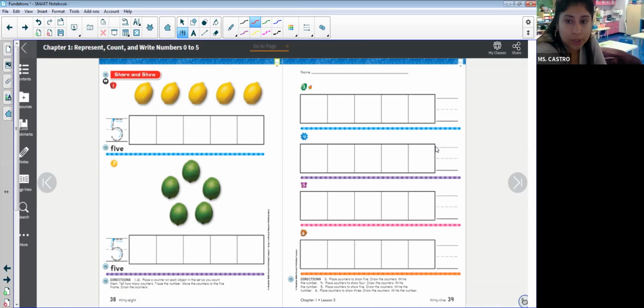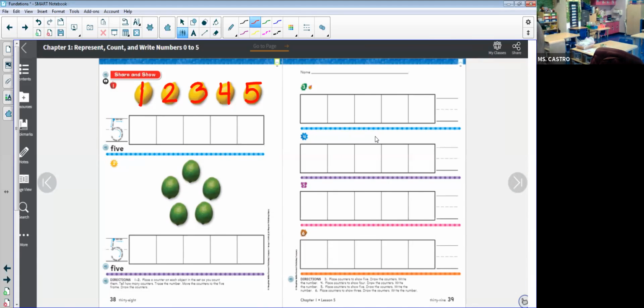So first, I'm going to label and count the yellow lemons. 1, 2, 3, 4, 5. I stopped at 5 because I counted 5 yellow lemons. So now I have to trace the number 5 and I have to fill in the 5 frame.